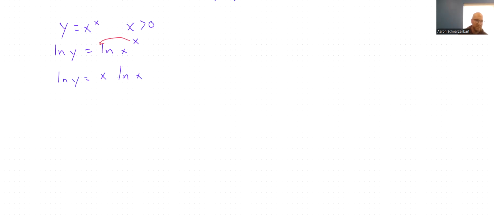I will now take the derivative of both sides using implicit differentiation. The derivative of ln y is 1 over y times dy dx. The derivative of x ln x is a product rule: 1 times ln x plus first times derivative of second, which simplifies to ln x plus 1.